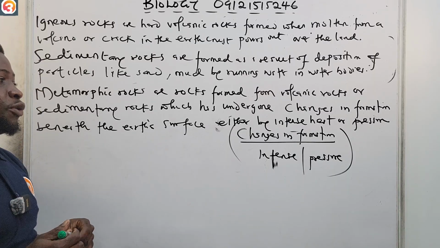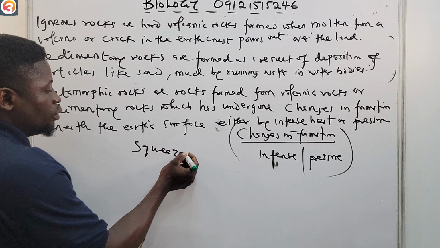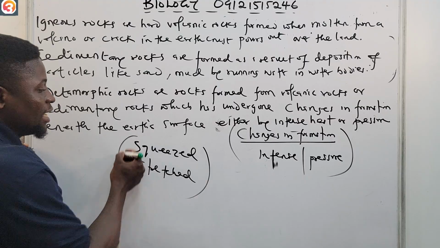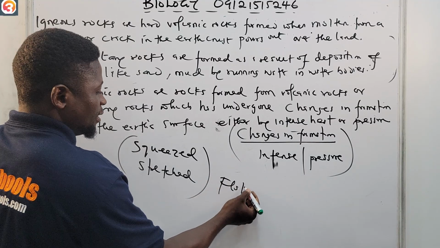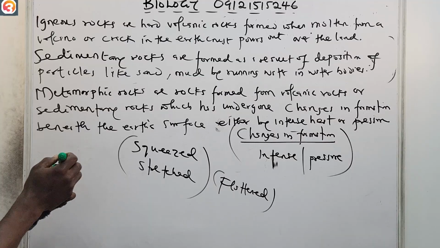This is what brings about metamorphic rocks. Here in metamorphic rocks, the rocks become squeezed, they become stretched, so that they can become flattened. This is what happens in the formation of metamorphic rocks.